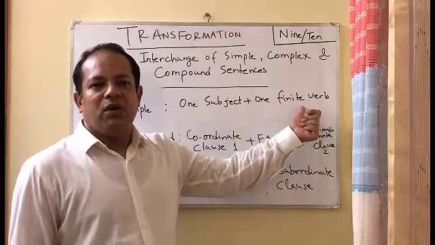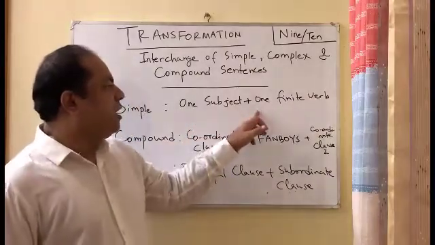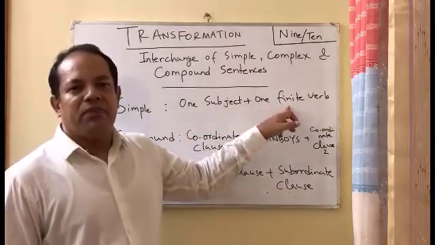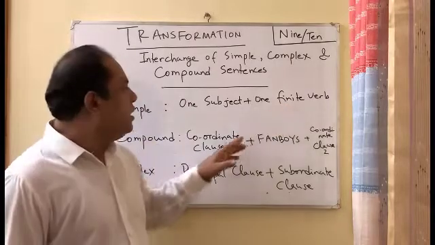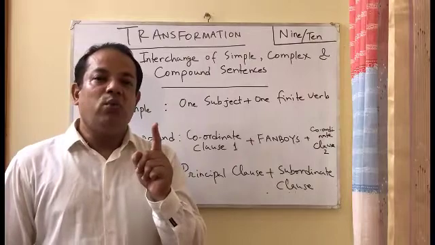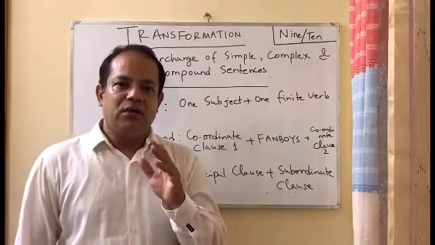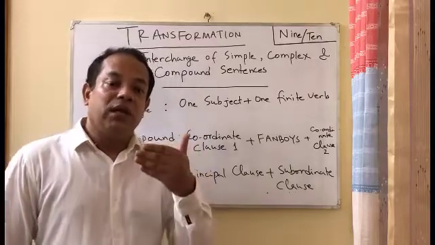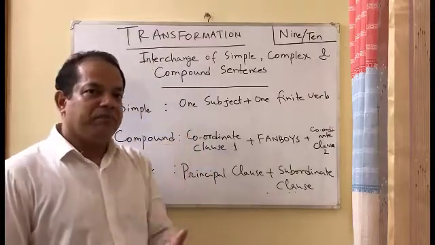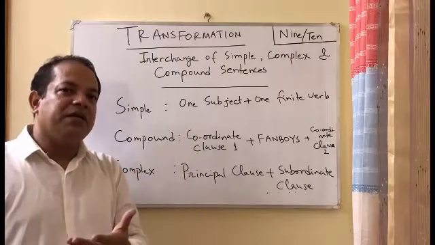That means in simple sentence you will see only one subject and one finite verb. We will give examples later on. At first, try to have the basic ideas.